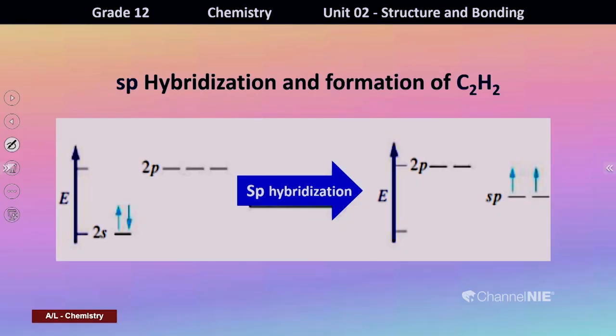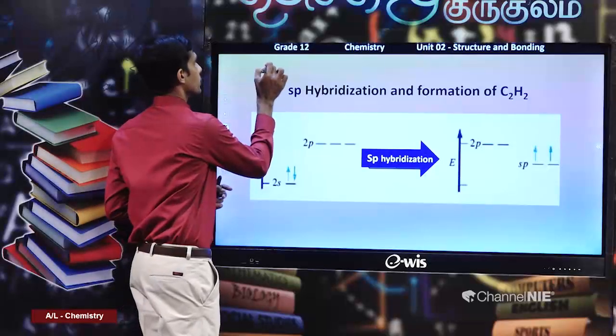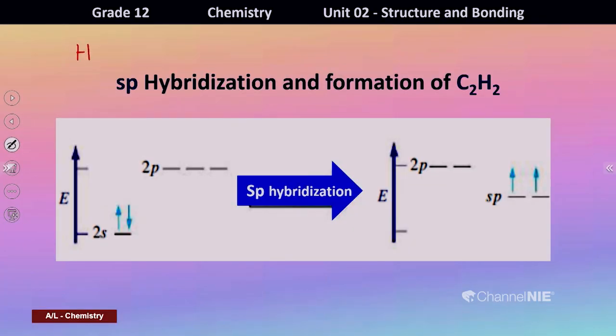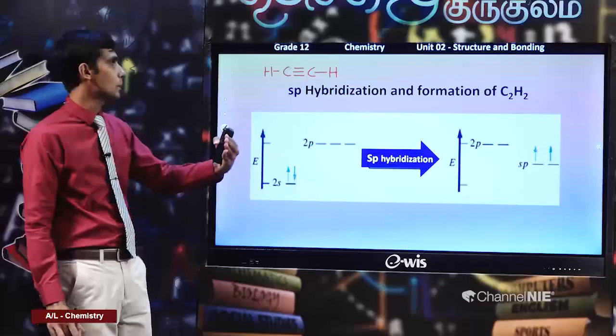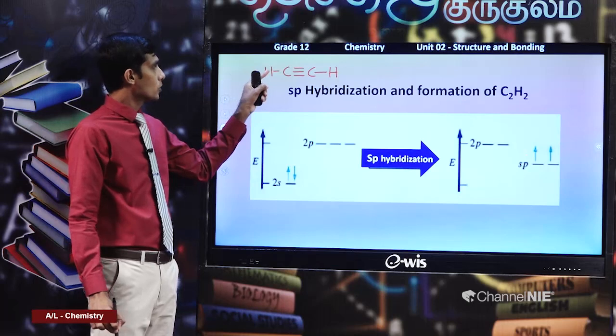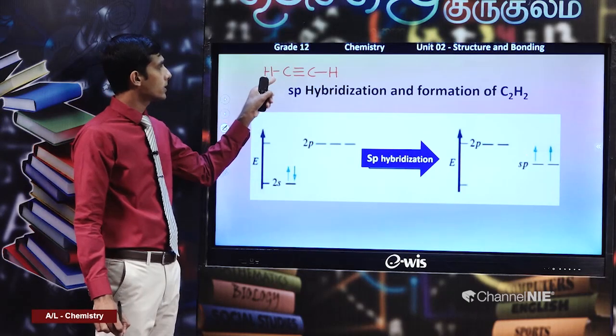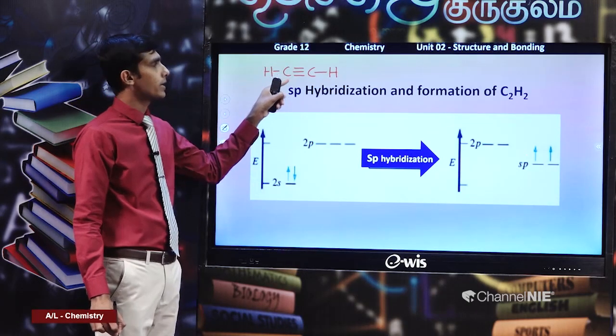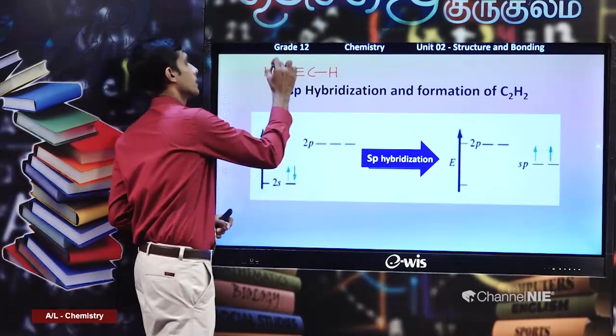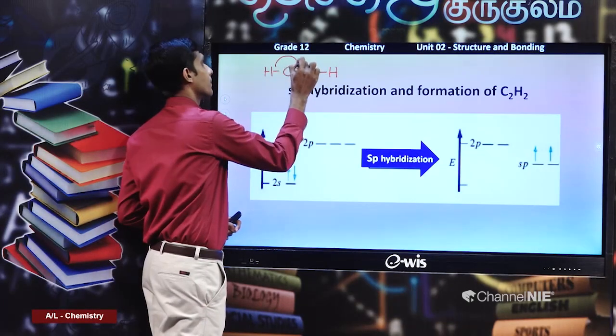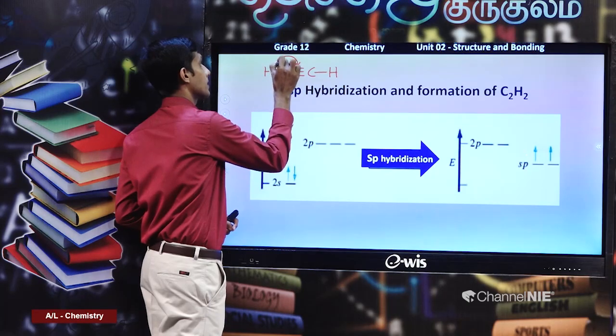When we consider a molecule like C2H2, the Lewis structure of the C2H2 molecule is this. When this molecule is studied experimentally, it was found that the geometry around each carbon atom is linear. That means this angle is linear, 180. This angle is 180.